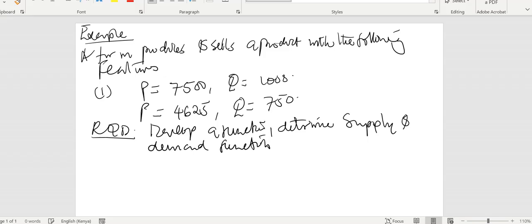So you must know what is the behavior of the demand function.